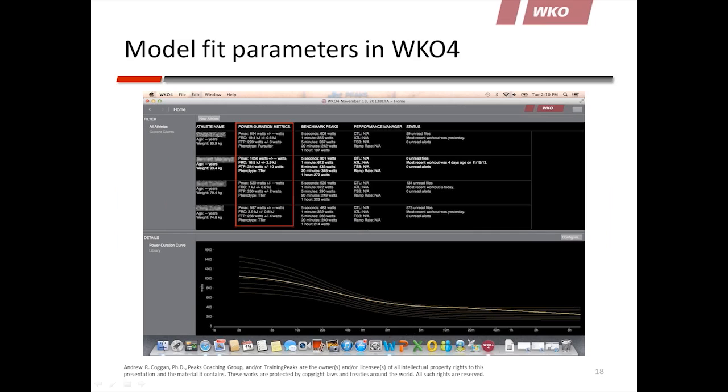Yeah, the whole idea here is to leverage this huge amount of data, relatively speaking at least, that we have available to us. We've got all of these measurements of your presumably best effort at a wide range of durations. Why not take advantage of all of that information by coming up with a way of doing so from mathematical modeling?